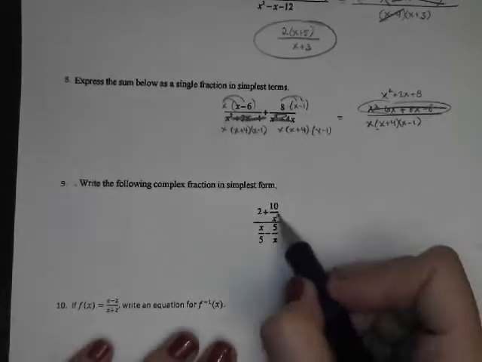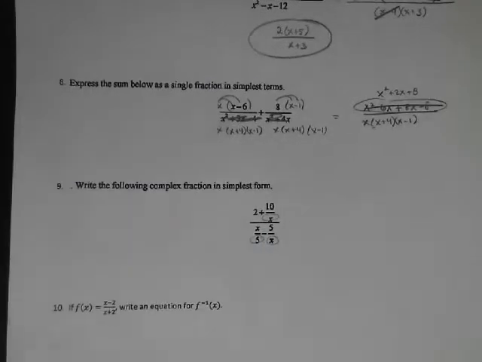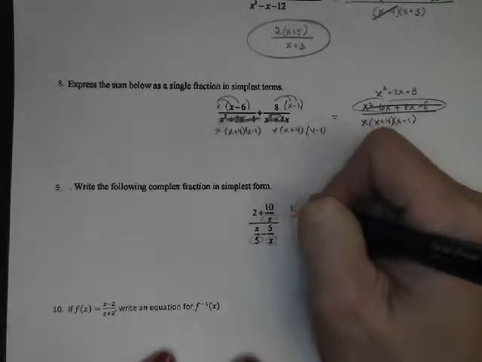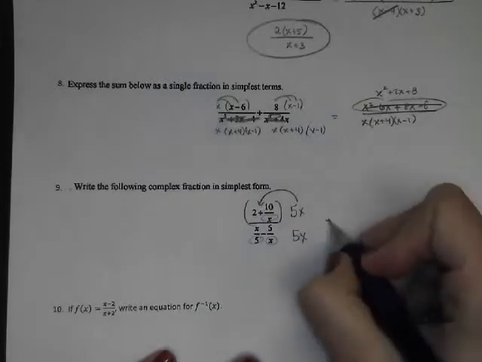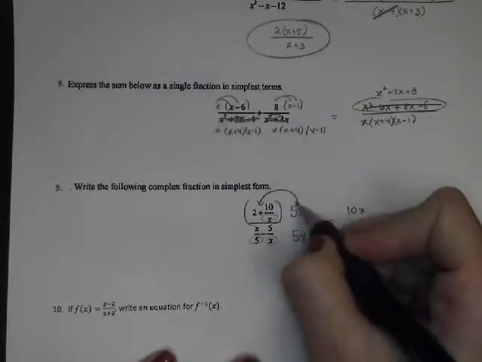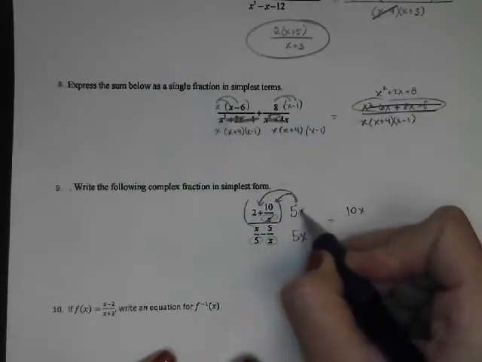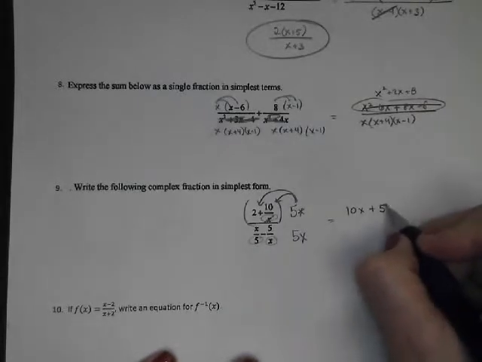Complex fractions again, many denominators, 5, x, and x. So the least common denominator is 5x and 5x. In my numerator, when I distribute, I get 10x. When I distribute there, my x's will cancel, and I get 10 times 5 is 50.